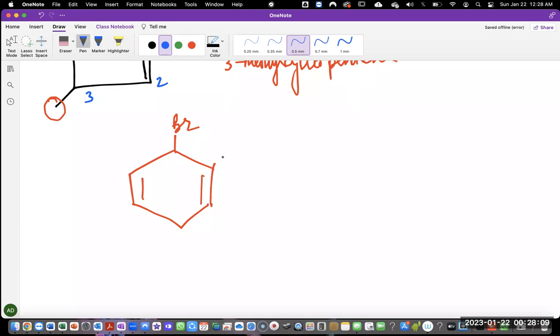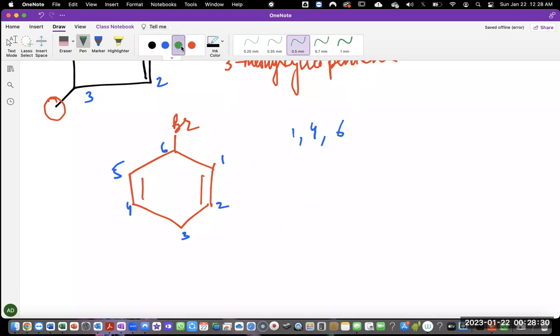Okay, so if I number this 1, 2, 3, 4, 5, and 6, this is not good. Why is this not good, guys? Because my double bond is getting 1 and 4, which is okay. But then the bromine is getting 6. So I'm getting 1, 4, and 6. That's the combination that I'm getting.